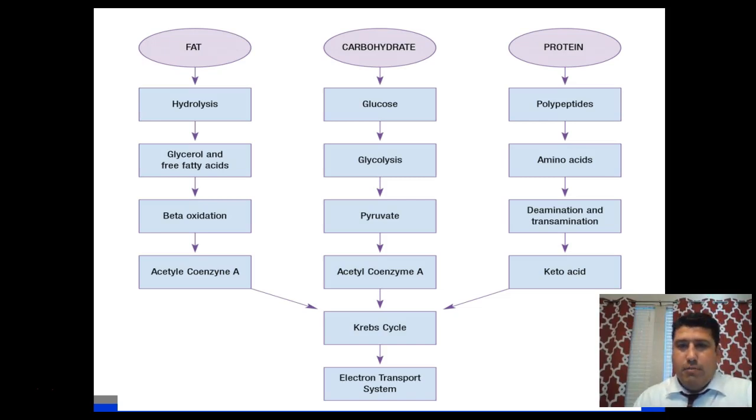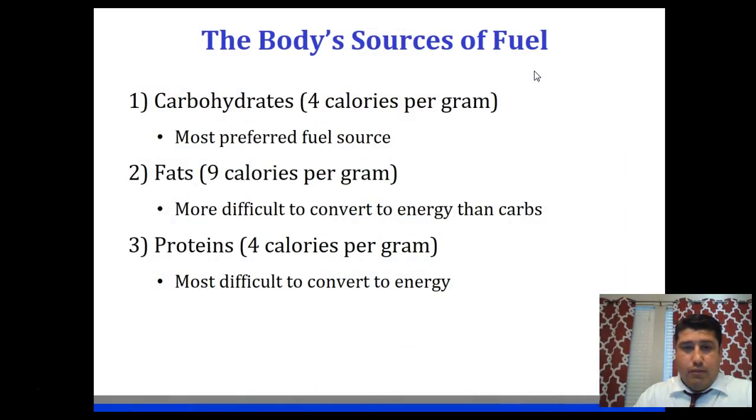There are 6 nutrients in the body, but only 3 of them provide us with energy in the form of calories, and that's fat, carbohydrates, and protein. You can see carbohydrates and proteins provide us with 4 calories per gram, whereas fats, and it's not the numbers that I really want you to know, but I want you to see how fats provide us with more than twice as much energy as carbohydrates and proteins.